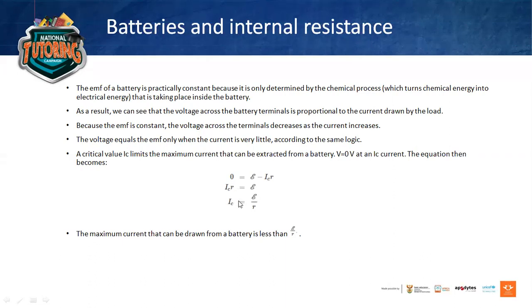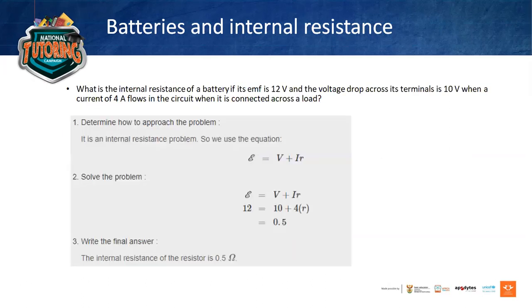So the I_C will be equal to the EMF divided by resistance. So I hope you guys can now see how the maximum current can be determined from the battery. It's not difficult, guys. You just have to remember all these equations and remember how some of them get derived.